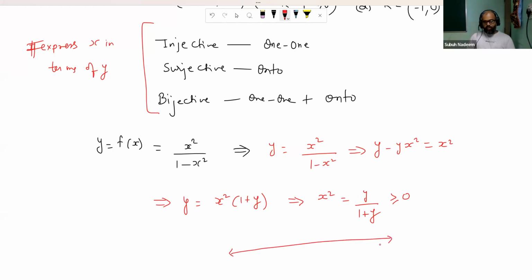Now we apply the wavy curve, that is the sign scheme. There is a point 0 where the numerator is becoming 0, and there is a point minus 1 where the denominator is becoming 0. So it is positive, negative, positive.